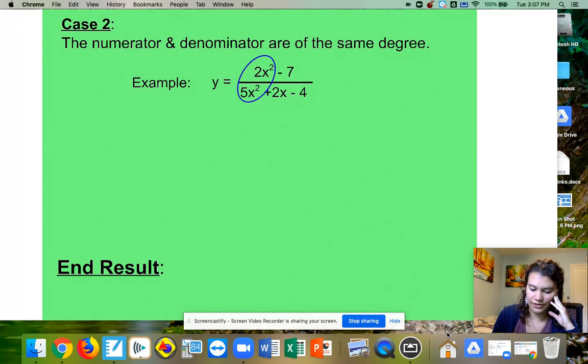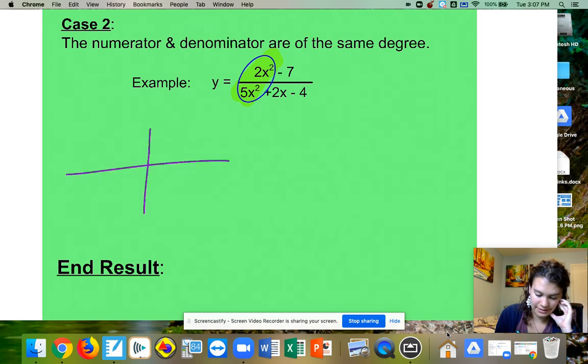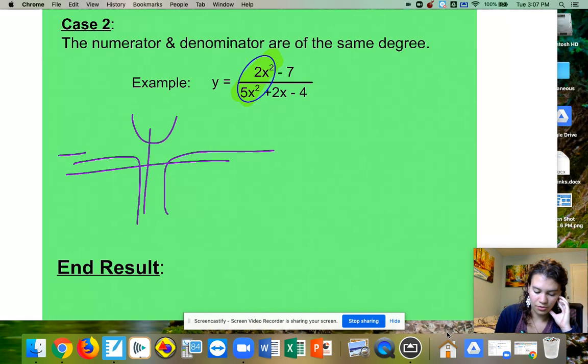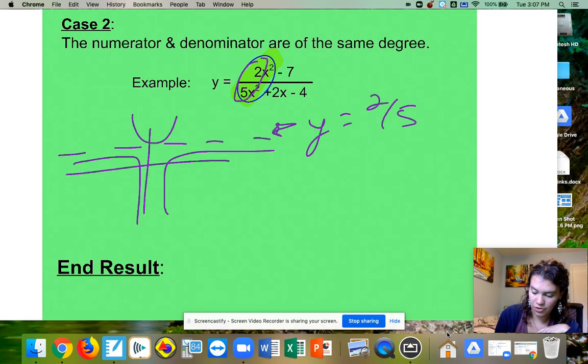Second case, here your powers are the same. This one will look something like this as an example. And your horizontal asymptote is right there. That value is actually going to be y equals 2/5. It comes from your coefficients.